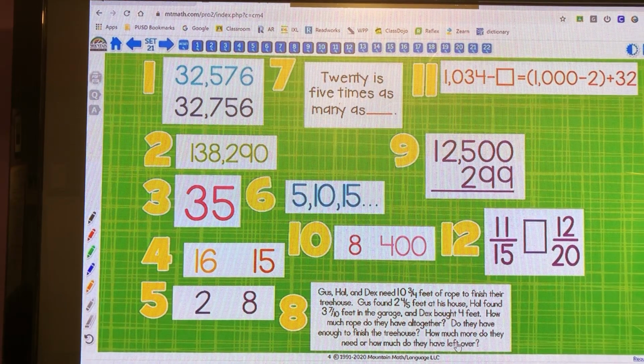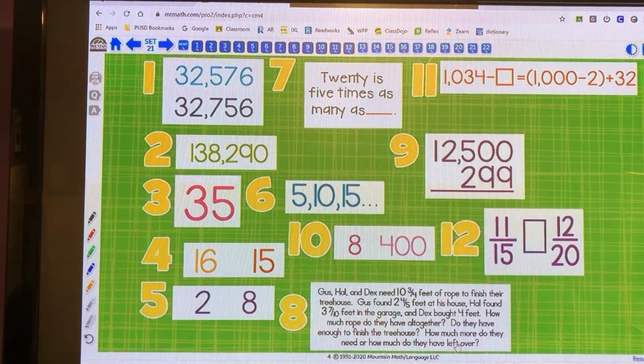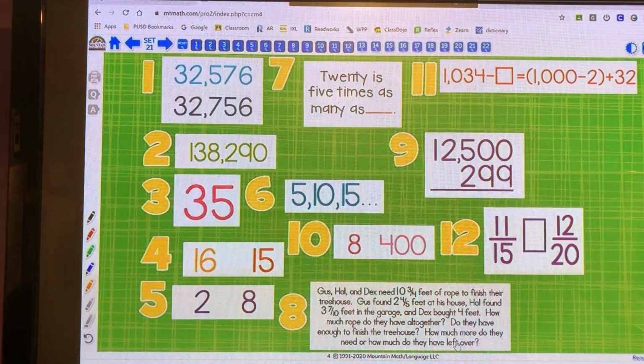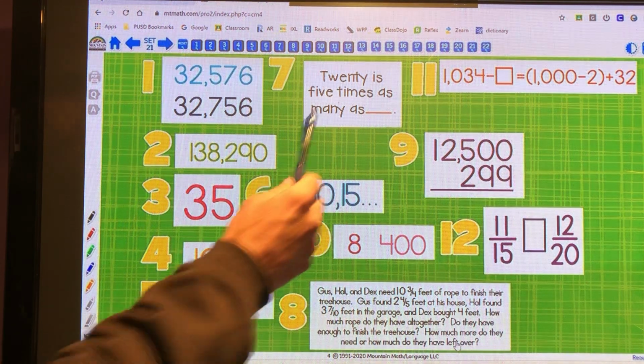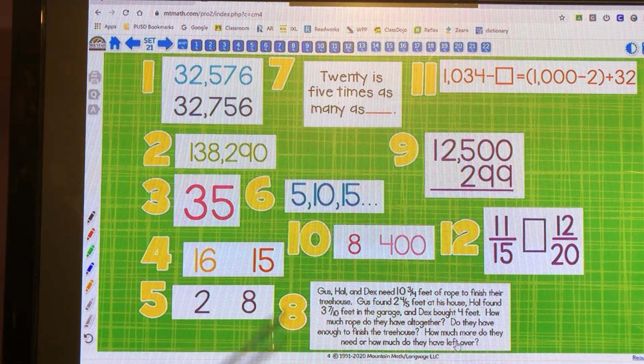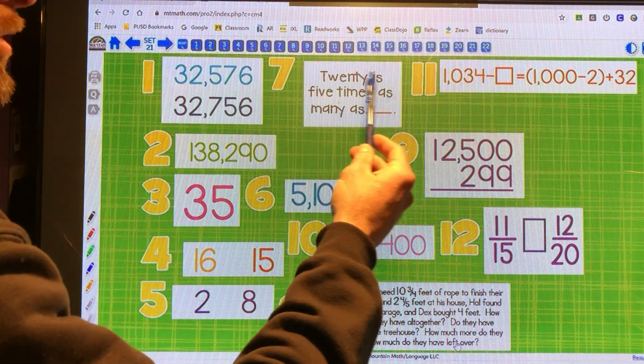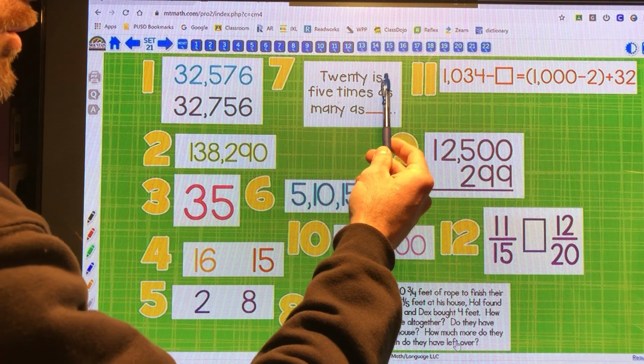Our numbers for number 7, 20 is 5 times as many as what? So we are looking at this problem as 20 is 5 times as many as, well, the word is similar to equal. So 20 is equal to what?